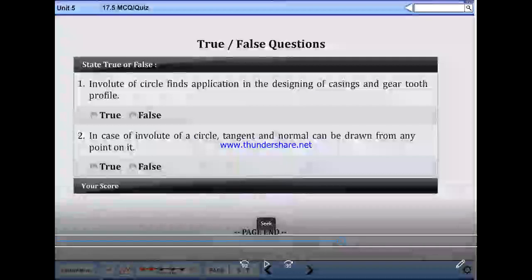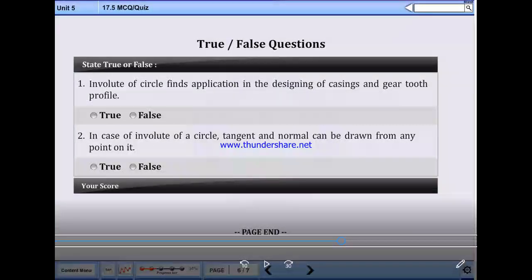Now with this concept we are going to frame the true and false questions. Involute of circle finds applications in the designing of casing and gear tooth profile. Yes, it is true. In case of involute of circle, tangent and normal can be drawn from any point. Yes, it is also true.